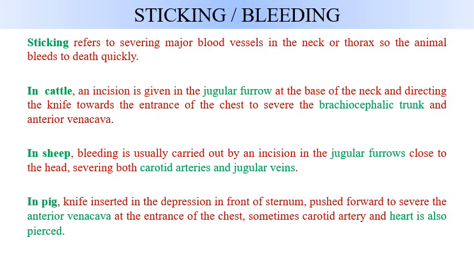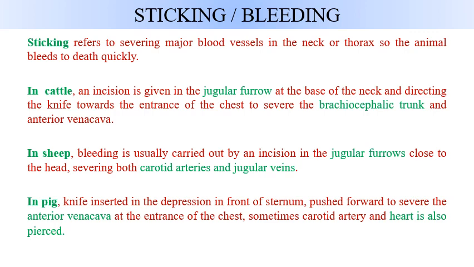Sticking or bleeding. This is the actual method of killing or slaughtering the animal. Sticking refers to severing major blood vessels in the neck or thorax so the animal bleeds to death quickly. These methods are a little bit different for different species.